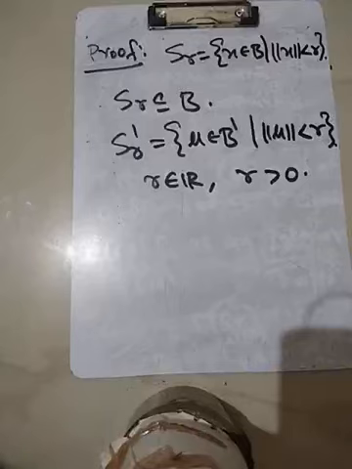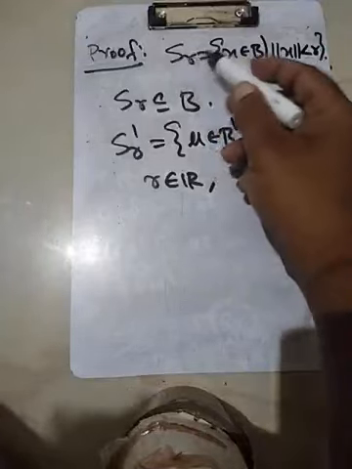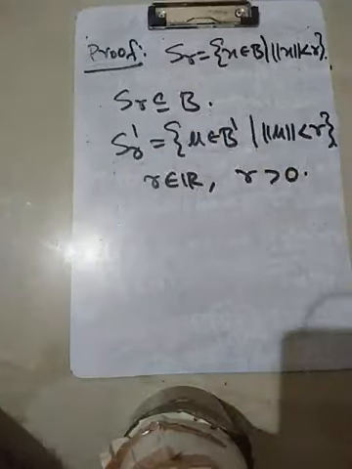So we have these: a ball centered at 0 with positive radius in B, and a ball centered at 0 with positive radius in B'.